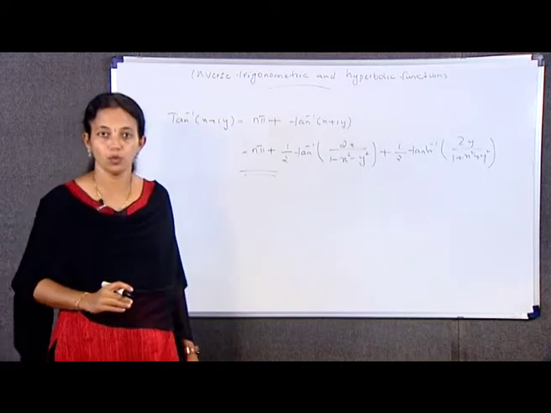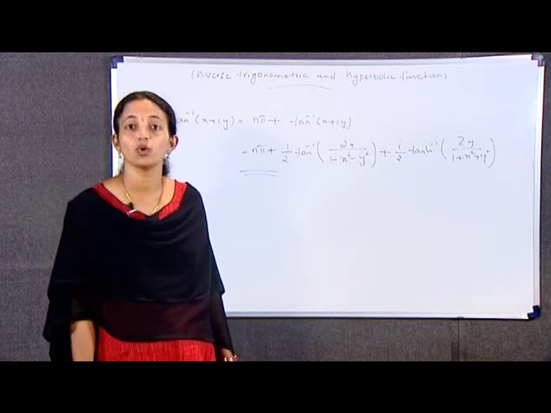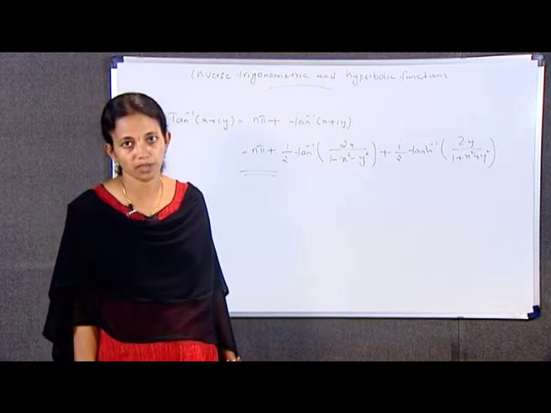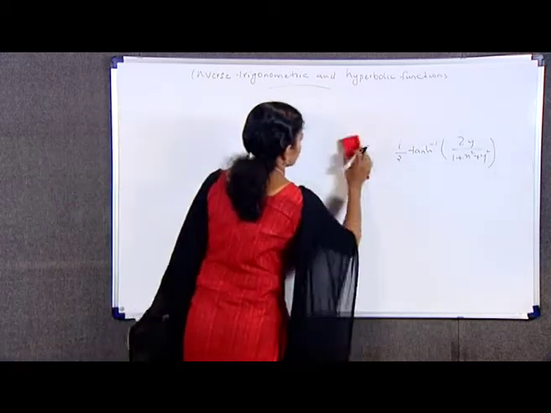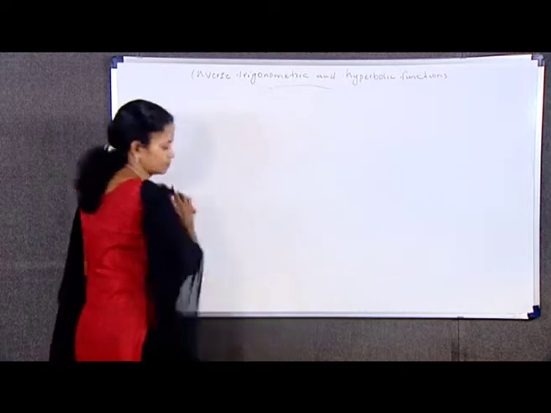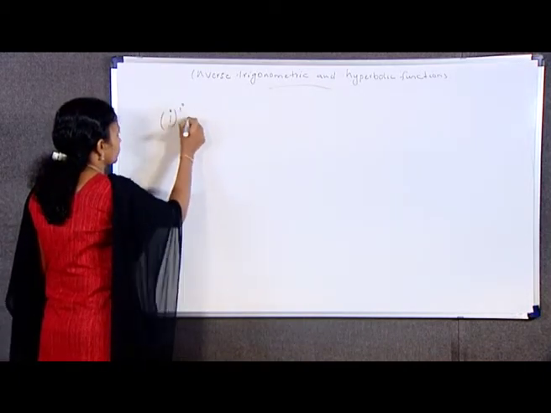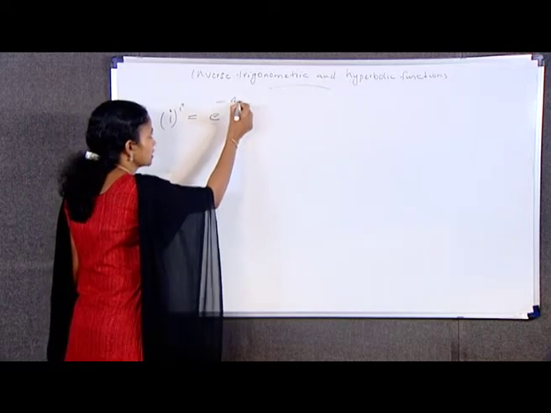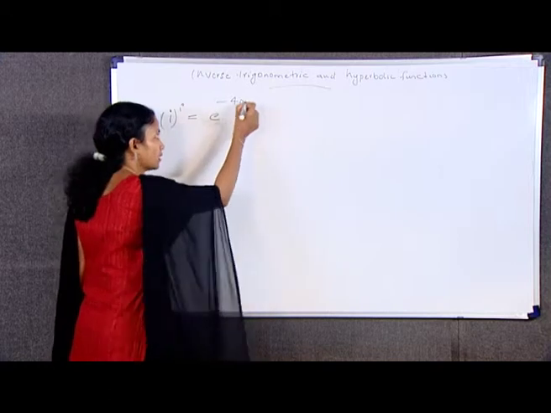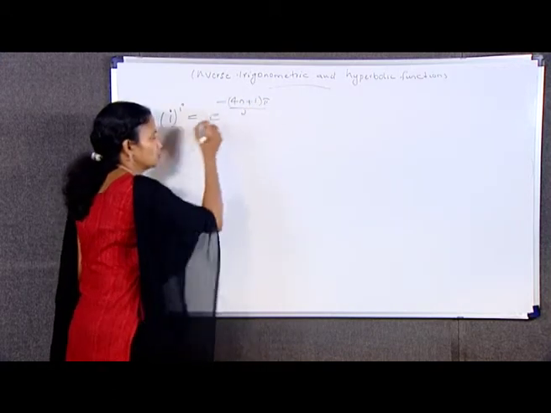Next, we have to prove i raised to i is equal to e raised to −(4n+1)π/2.